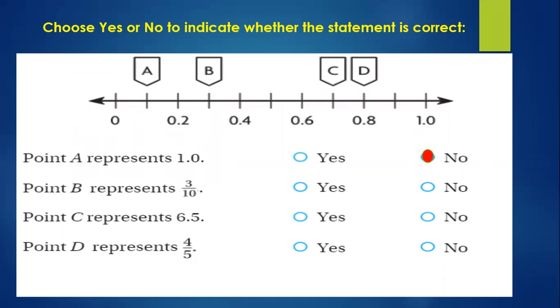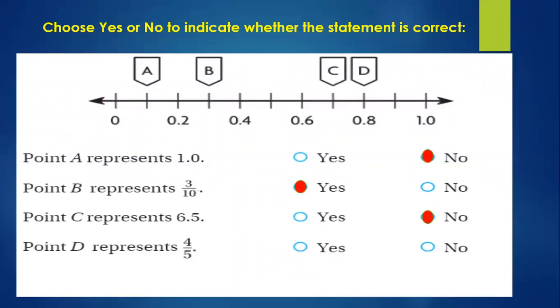Now, point B represents 3/10. Yes, that's correct because it's 0.3. Now, point C represents 6.5. Is it 6.5? No, it is 0.7. And point D represents 4 out of 5.